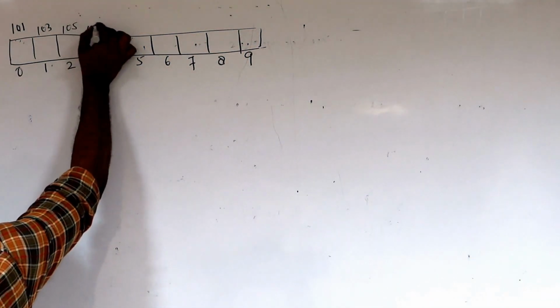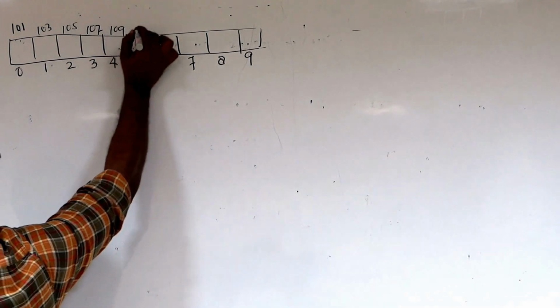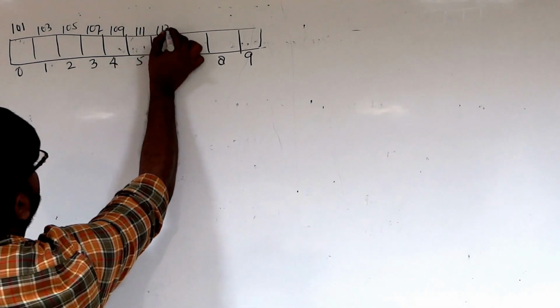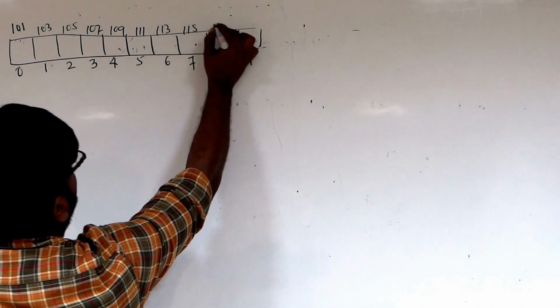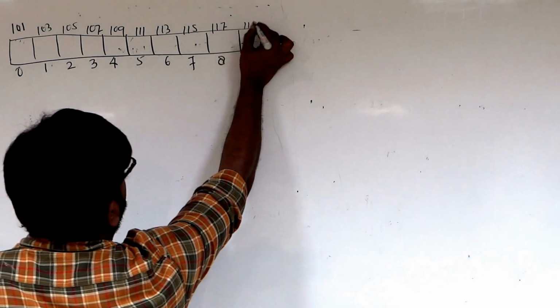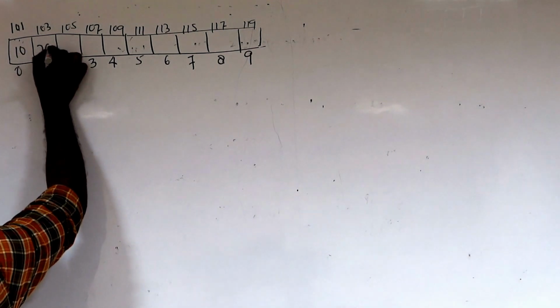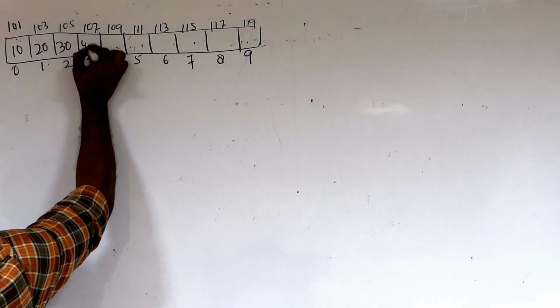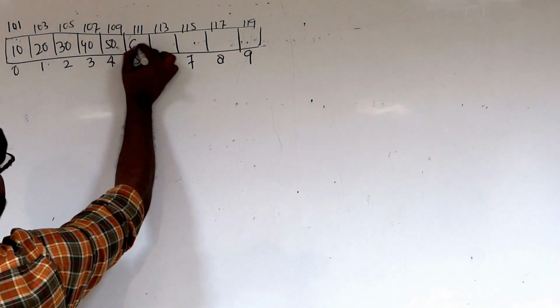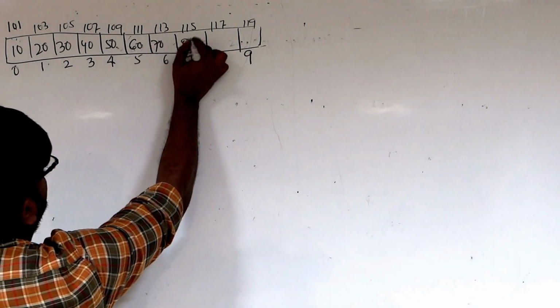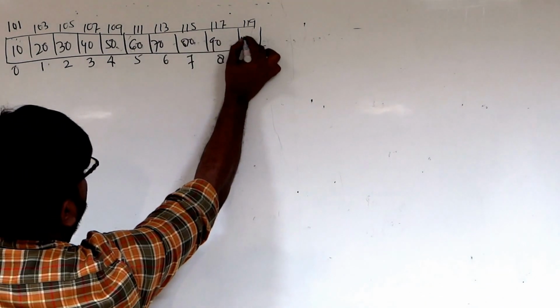So 101, then 103, then 105, then 107, then 109, 111, 113, 115, 117, then 119. Suppose these are the numbers we have taken: 10, 20, 30, 40, 50, 60, 70, 80, 90 and 100.